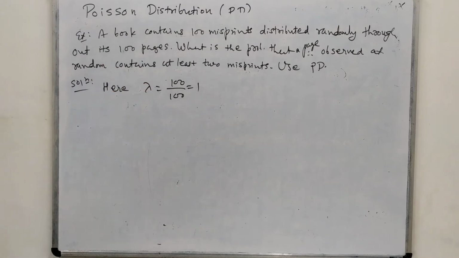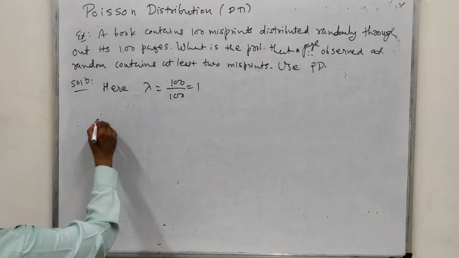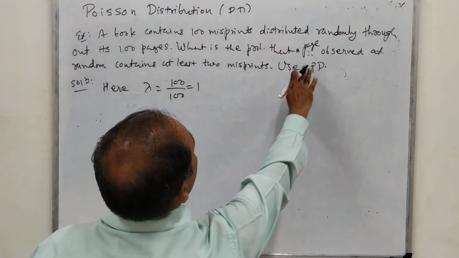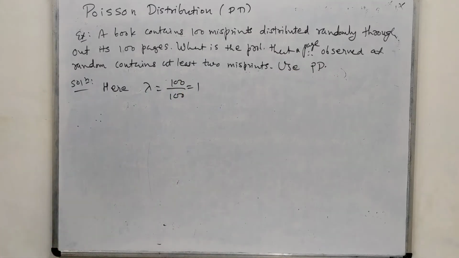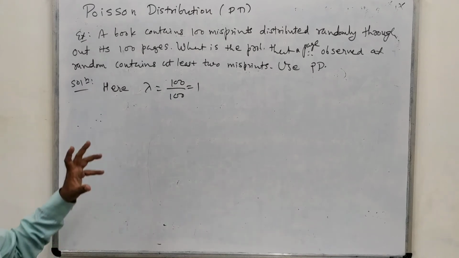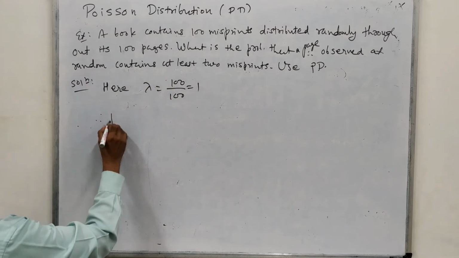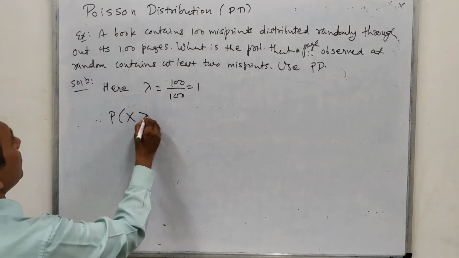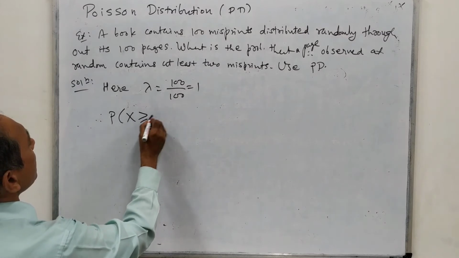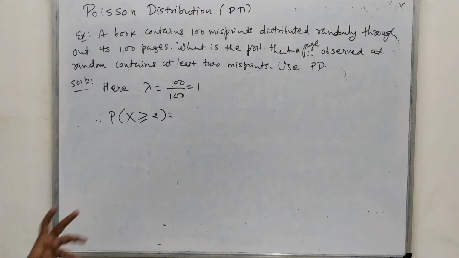So average is 1. Now we want to find out the probability that a page observed at random, if out of 100 pages you take any one page, contains at least 2 misprints. At least 2 misprints means x is greater than or equal to 2.